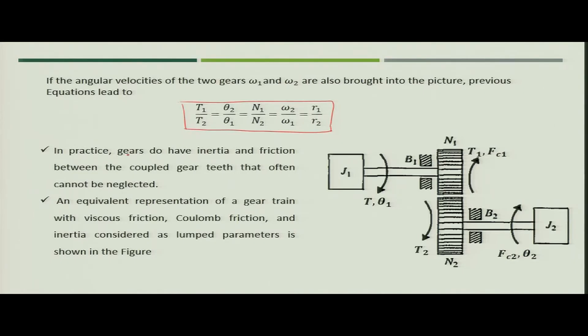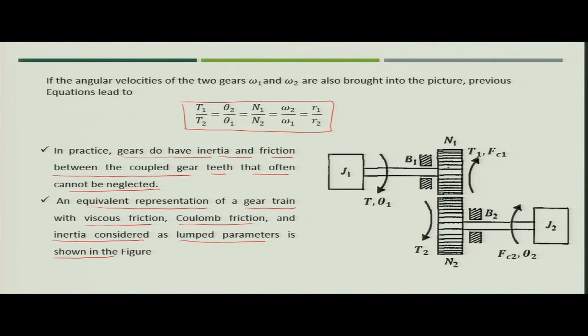Now, in practice the gears also have inertia and friction between the coupled gear teeth, and that often cannot be neglected. So, in that case the equivalent representation of the gear train with viscous friction, Coulomb friction and inertia as lumped parameters is considered, which is shown in the figure.